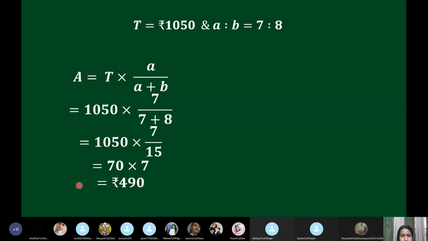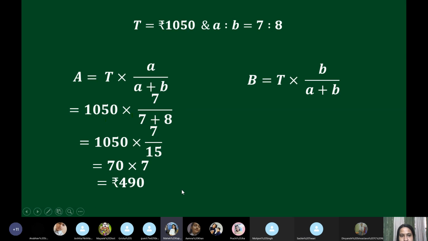Now, a little bit of change in the formula. When you have to calculate the quantity B, the second part, the formula changes. What is the change in formula? Observe both the formulas of A and B properly.